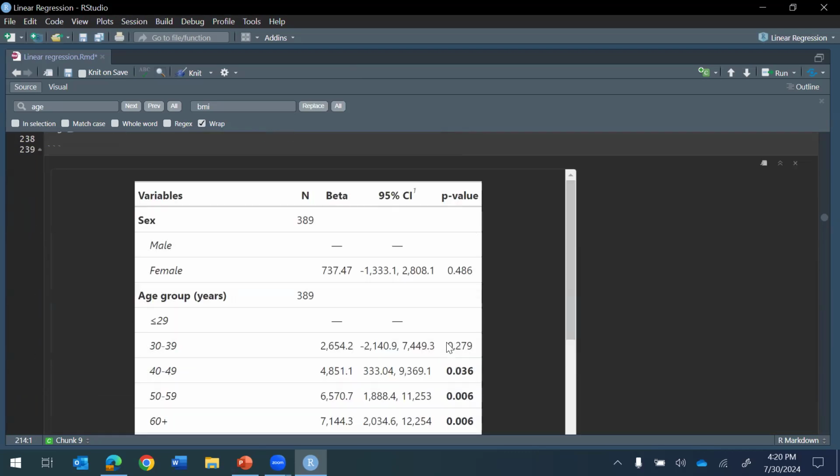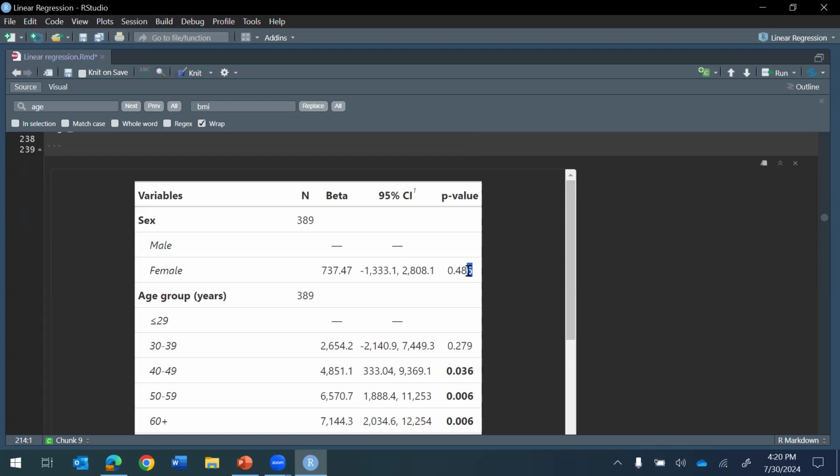But what we like about this is it gives much more clarity, right? Compared to females, that would be the cost, on average for females, holding all other independent variables constant, right?